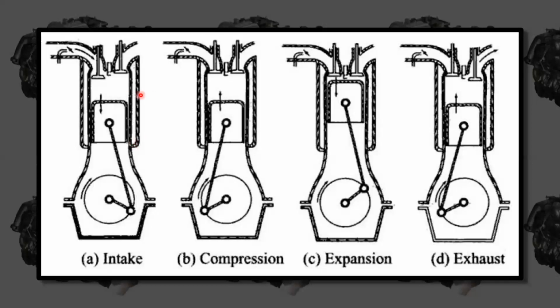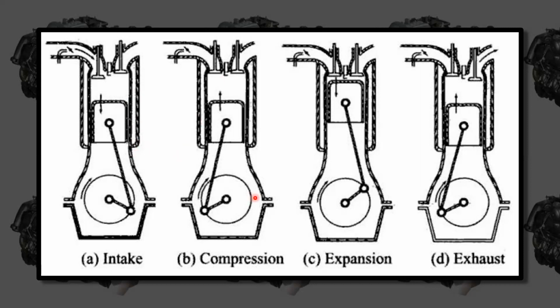So intake stroke starts at top dead center and stops at bottom dead center. TDC to BDC, that is the completion of intake stroke when it reaches bottom dead center.